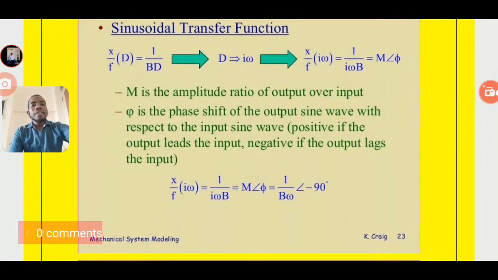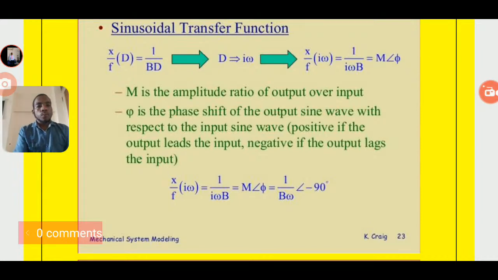Here m is the amplitude ratio of the output over input, and phi is the phase shift of the output sine wave with respect to the input sine wave, positive if the output leads the input, and negative if the output lags the input.